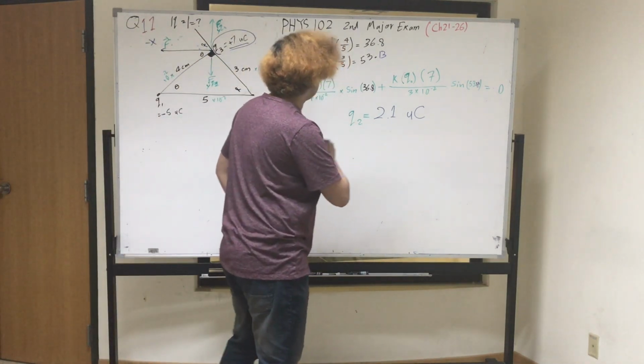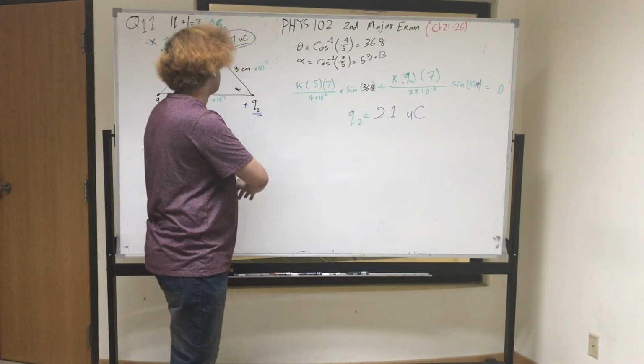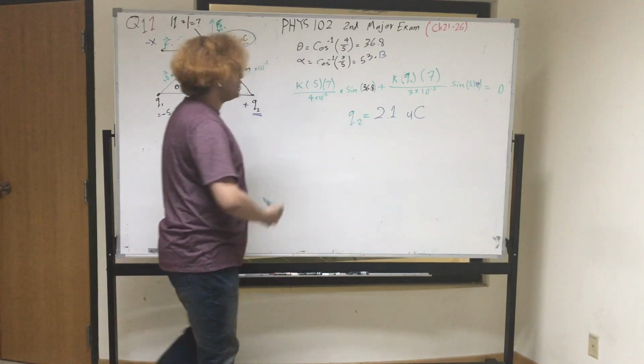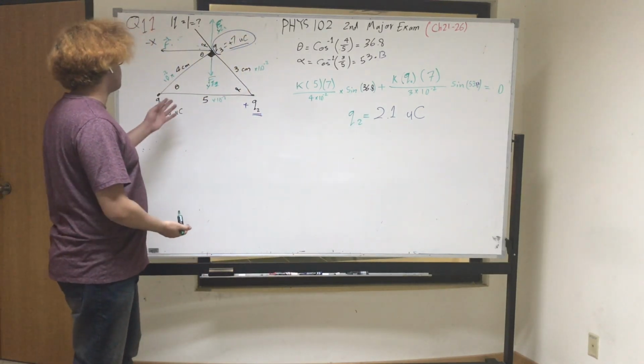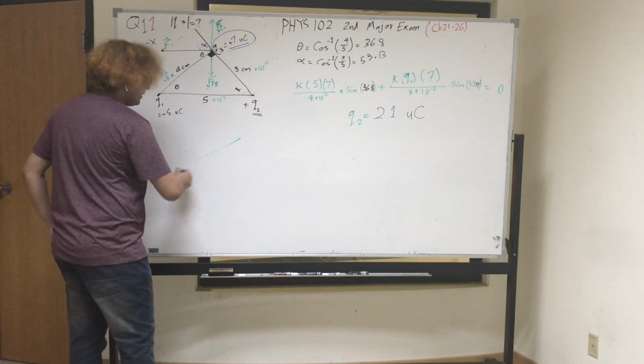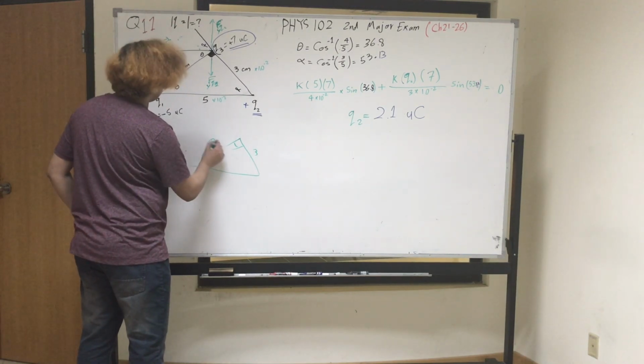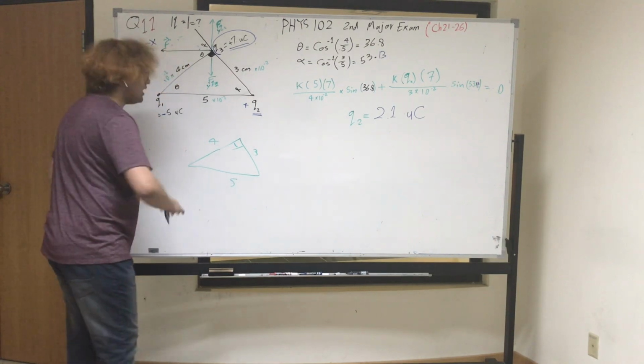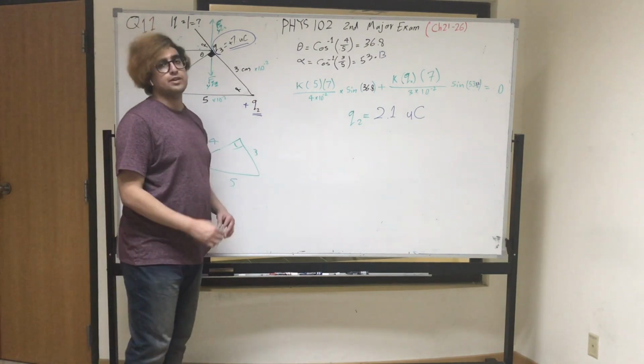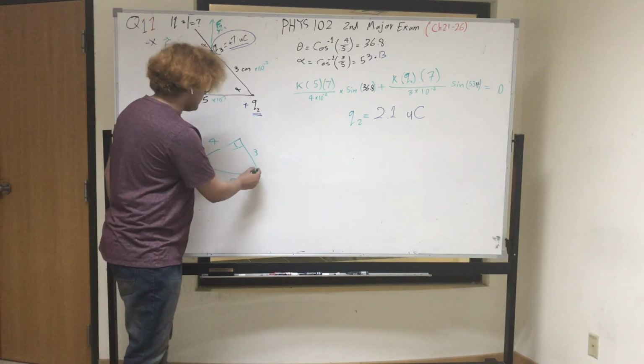In order to solve for Q2, we first need to know the angles of the triangle. So if you have a right angle triangle, and this side is 3, this is 4, and this is 5, we can use our inverse trigonometric functions to evaluate the angles.